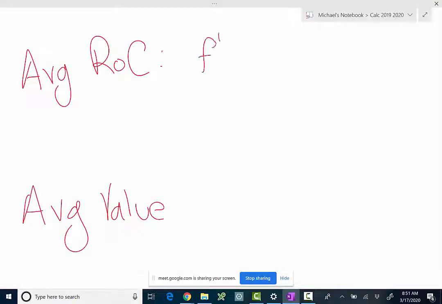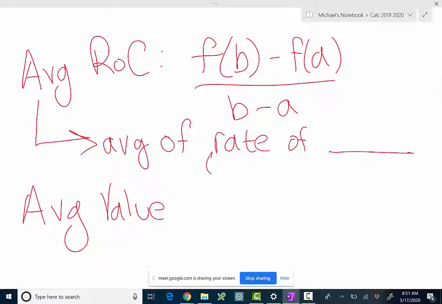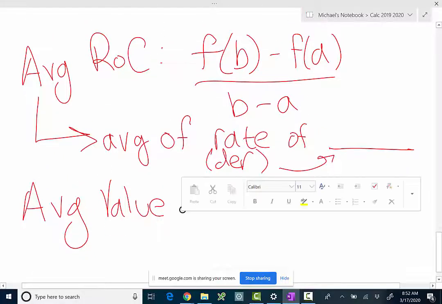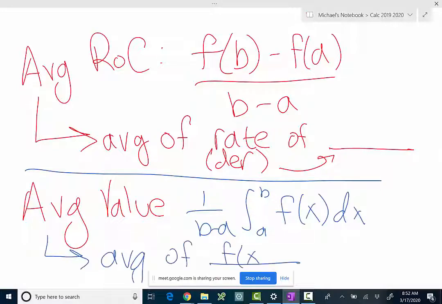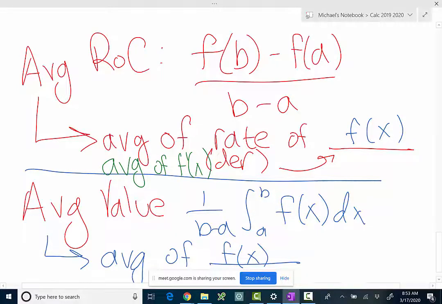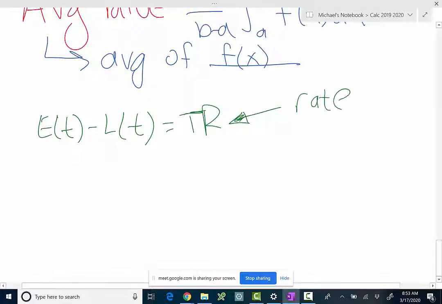So we have two things that they could ask us: average rate of change and average value. Average rate of change is the average rate of what they want. So it's the derivative of what we want, whereas average value is kind of, we're thinking the same. So they want the average of f of x, they give us f of x. On average rate of change, maybe they want the average of f prime of x. So it's the average of the derivative.